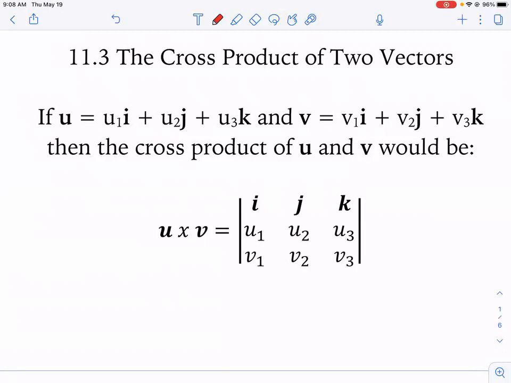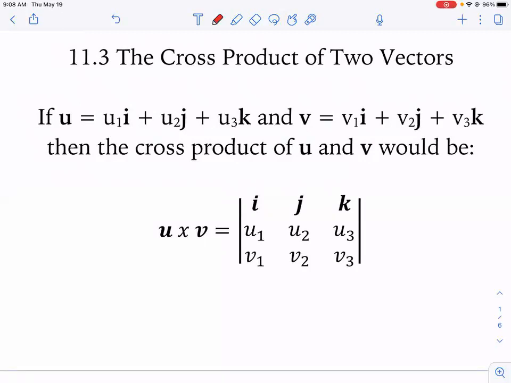Now it's all just 3x3 determinants. Okay. All right.